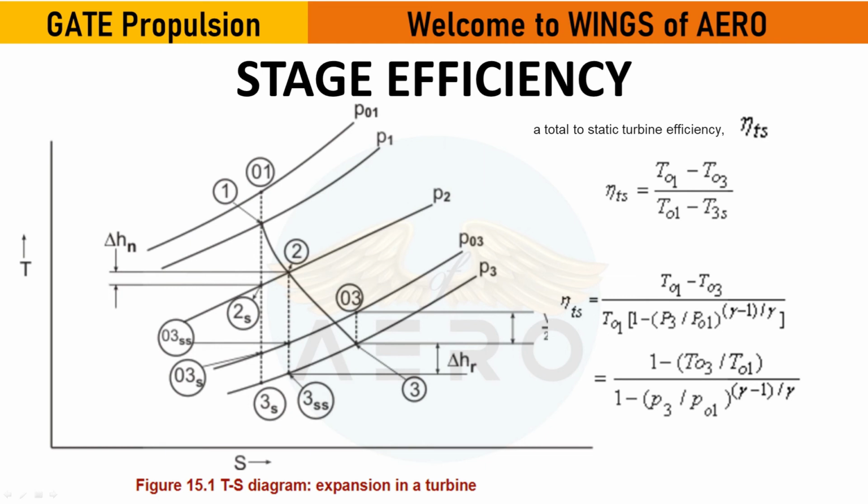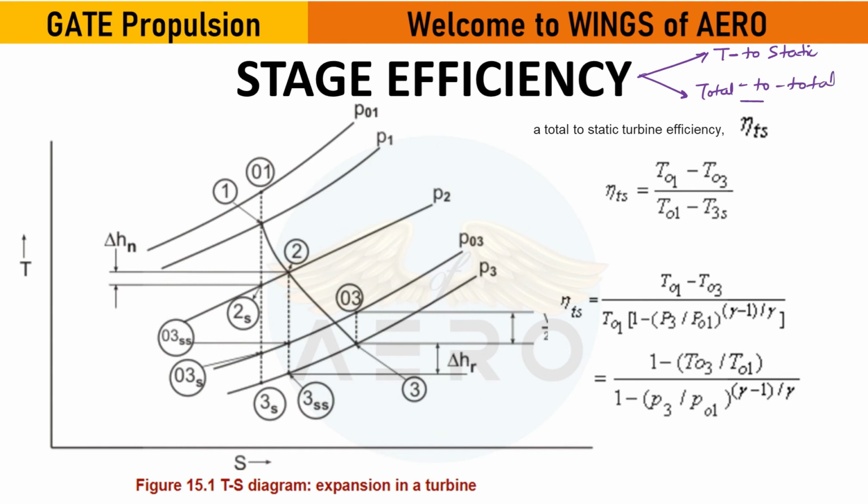Now, another topic: stage efficiency. Here we will see a different kind of stage efficiency apart from what we have seen in the normal isentropic relation. We will see 2 kinds of stage efficiencies: one is total to static efficiency, and another is total to total.